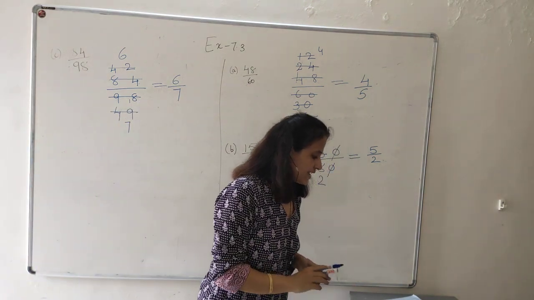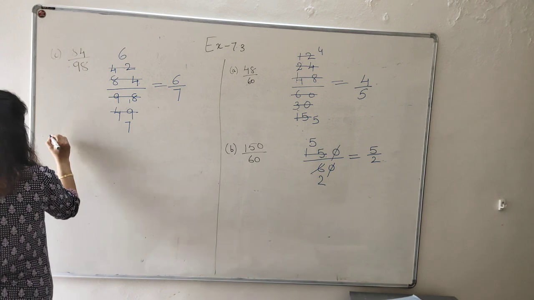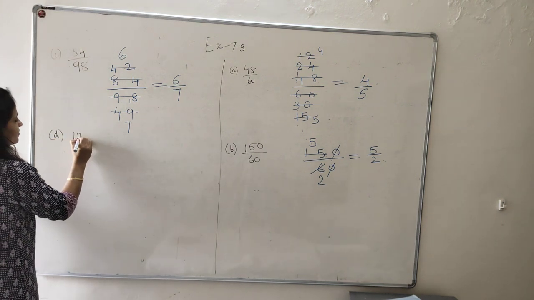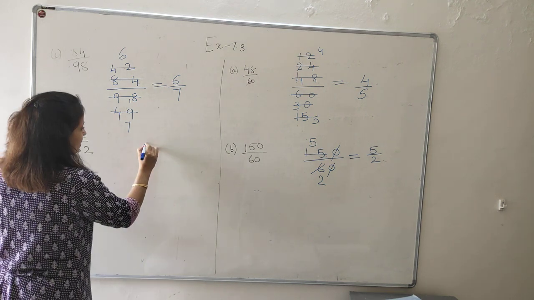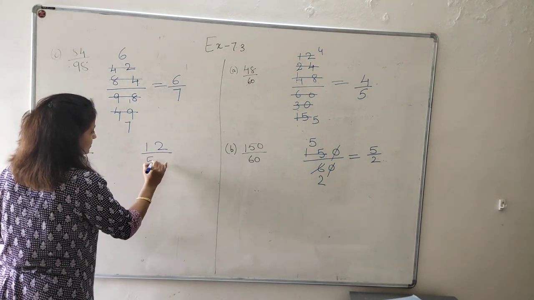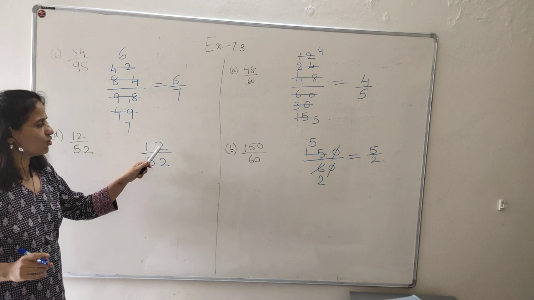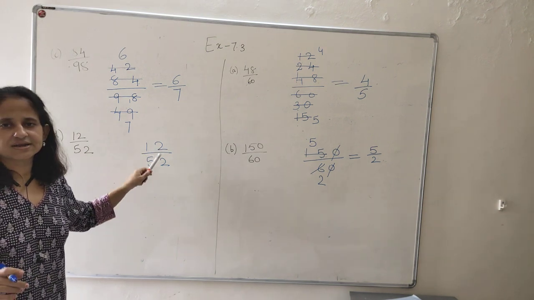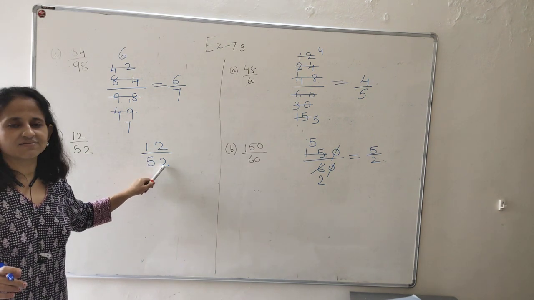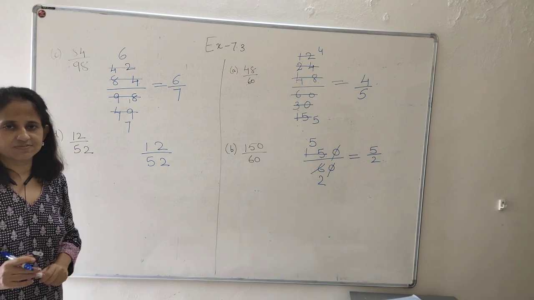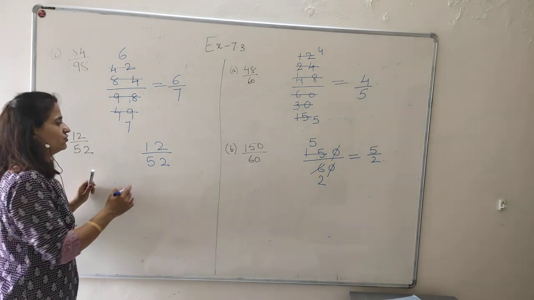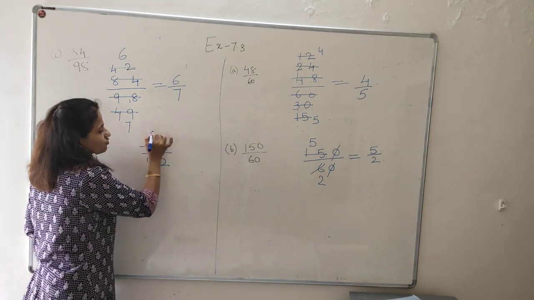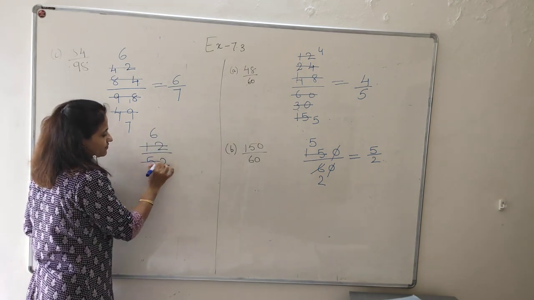D. 12 upon 52. Now keep some gap between the digits and divide. 52. Both the numerator and the denominator have 2 at the ones place. So both are divisible by 2 because of the divisibility rule. So I'll take the table of 2. 2 6s are 12.